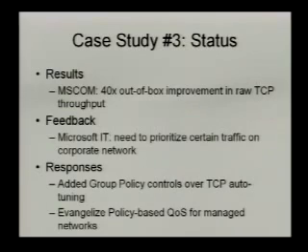Some of the responses are that we have group policy knobs in place so that you can roll out policies to an entire enterprise that will scale back the auto-tuning algorithms. Basically it will artificially throttle itself and not keep the pipe as full as it could. And then there's the policy-based QoS I mentioned.